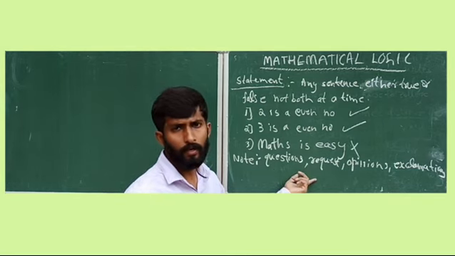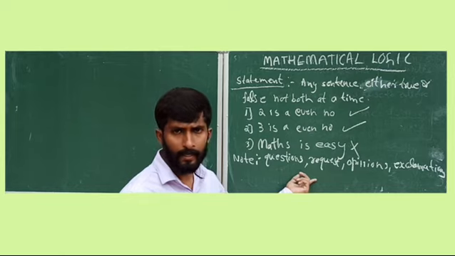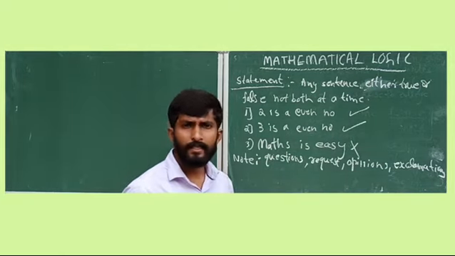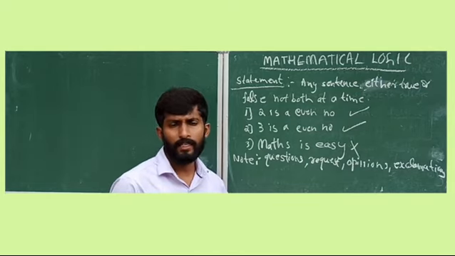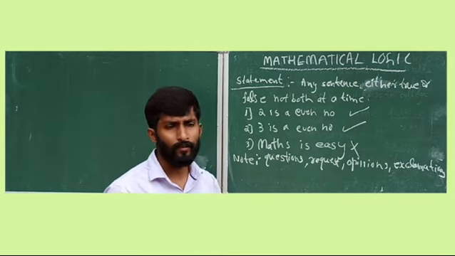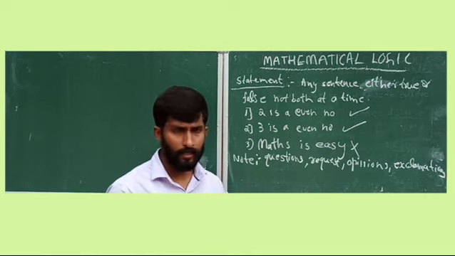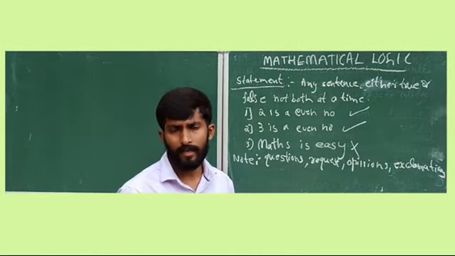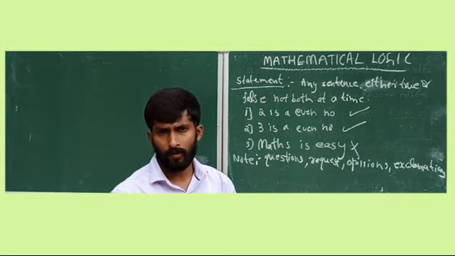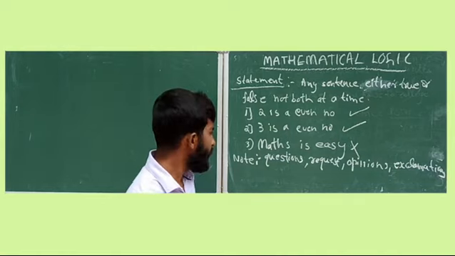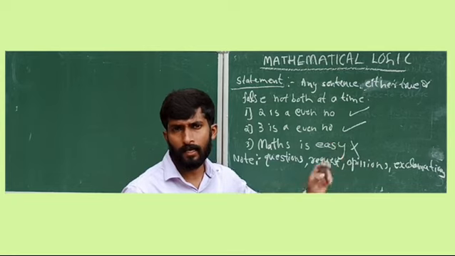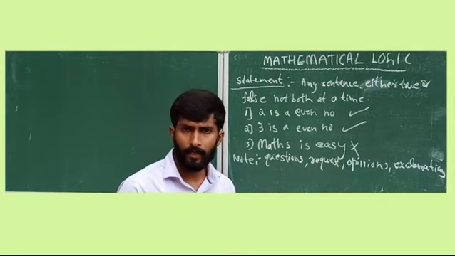Please allow me, please give me a pen, like this, a request again is not a mathematical statement. The reason is that it's not possible to decide whether it is true or false. In a question we can't say this is true or false, right? Then opinion: he is a good boy, she is a good girl, just an opinion. It varies, we can't say it's true or false. So sentences associated with questions, requests, opinions, exclamations are not examples for mathematical statements.